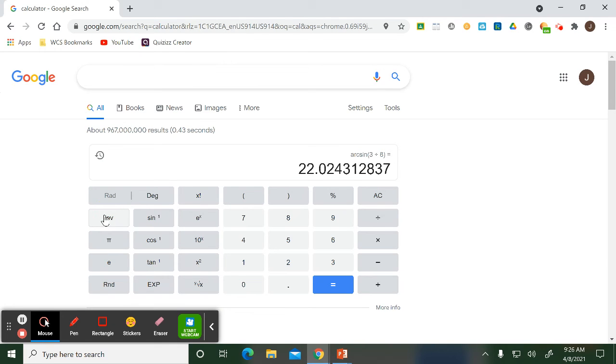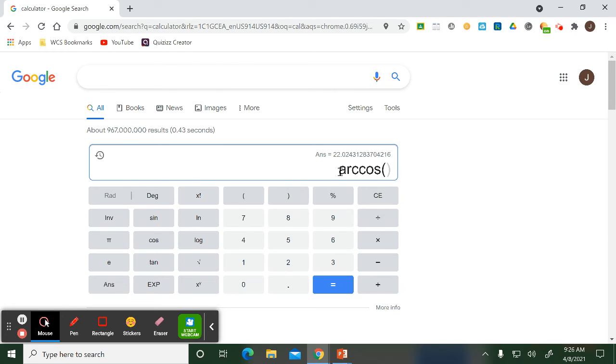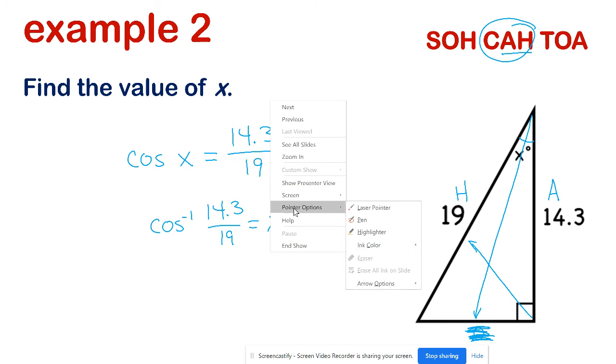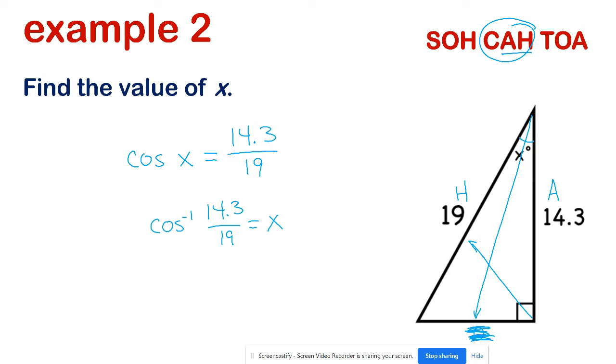So I'm going to hit the inverse button. This time I'm going to hit inverse cosine. It'll say arc cosine. And I'm going to say 14.3 over 19. And that gives me, if I round it off, 41.2 degrees. So my angle would be 41.2 degrees. And that is an acute angle, which is what I'm looking for. So that's one way we can check it and make sure we did it correctly. So 41.2 approximately.